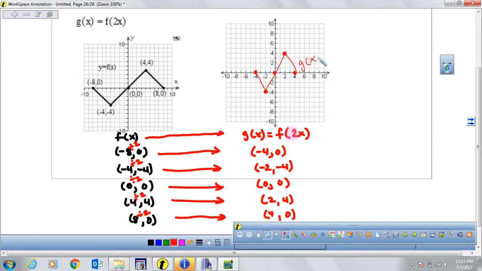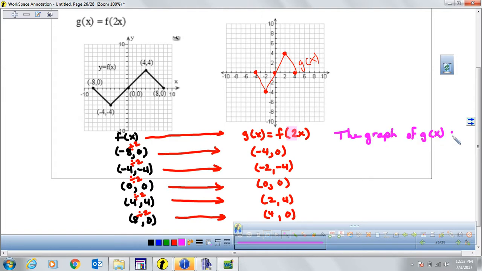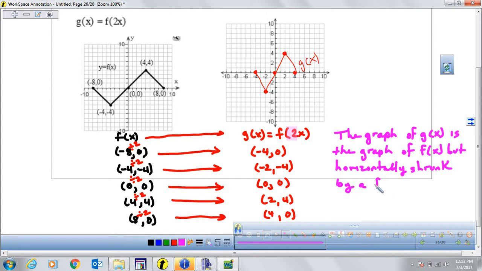How we obtain the graph of g, we're going to say that the graph of g of x is the graph of f of x, but shrunk horizontally by a factor of 2.